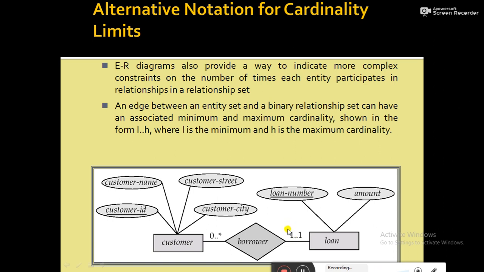If the minimum cardinality is 1, that means the participation of the loan entity is total, and if the participation of an entity in a relationship set is total, then we can represent it with the help of a double line. So you may add a double line here instead of writing 1..1.